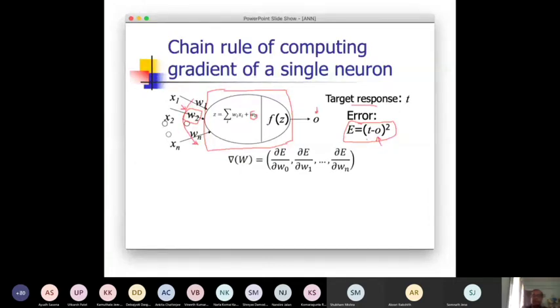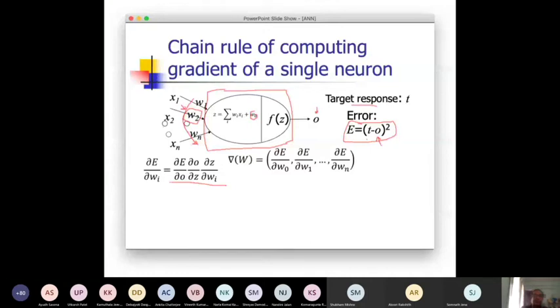So let us consider a particular parameter and see how this computation could be carried out using the chain rule. E is a function of O, then O is a function of Z, and then Z is a function of Wi. Using the chain rule, I can write it in this form: delta E by delta O, then delta O by delta Z, and delta Z by delta Wi.